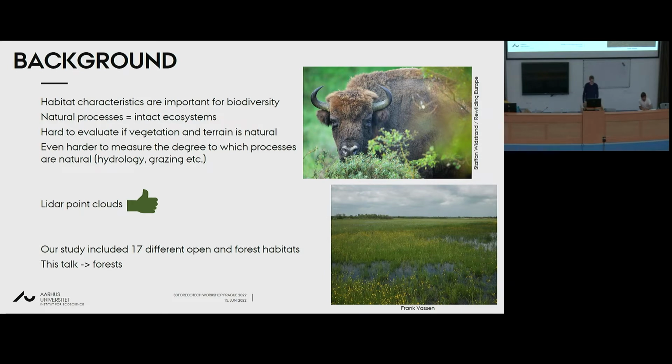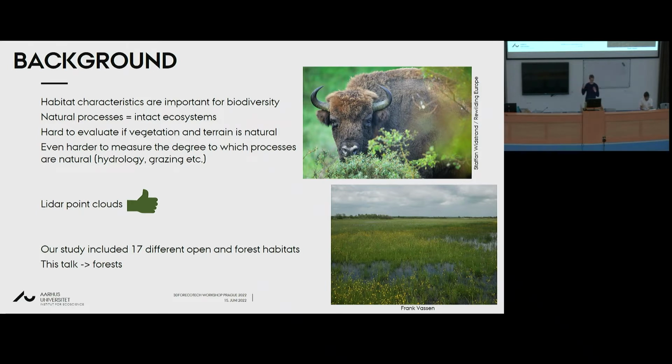It's also important to recognize that natural processes equals intact ecosystems, and it's hard to evaluate if the vegetation and terrain structures are natural, but it's even harder to measure the degree to which the processes that create these structures are natural.